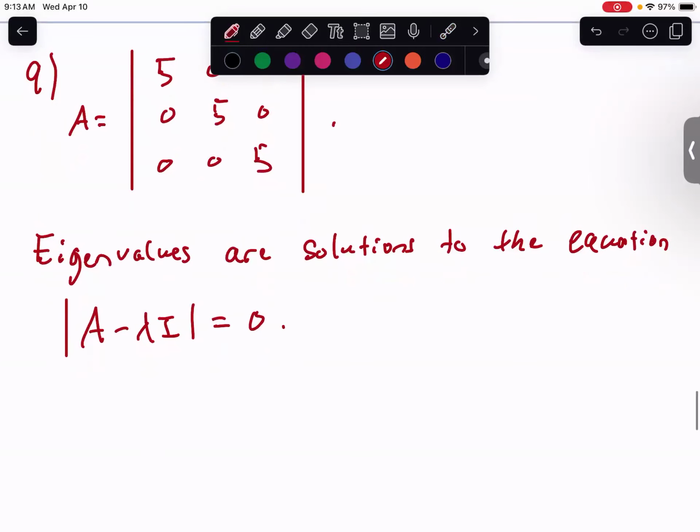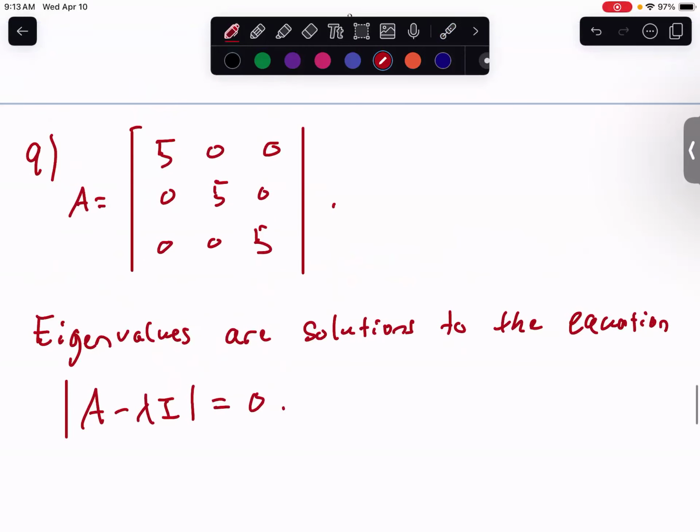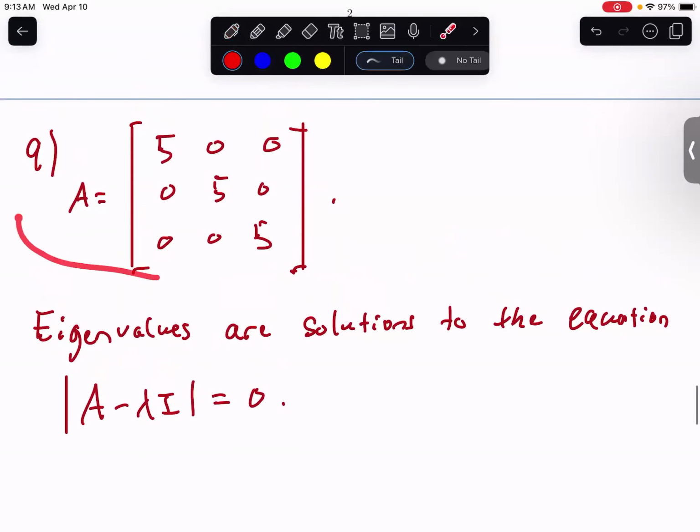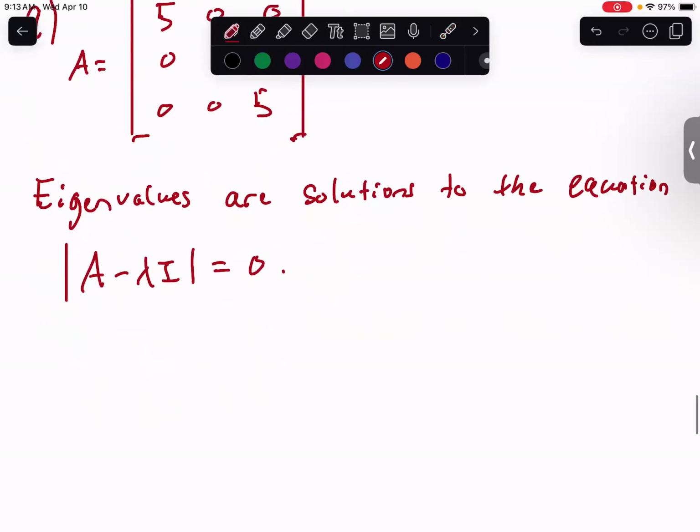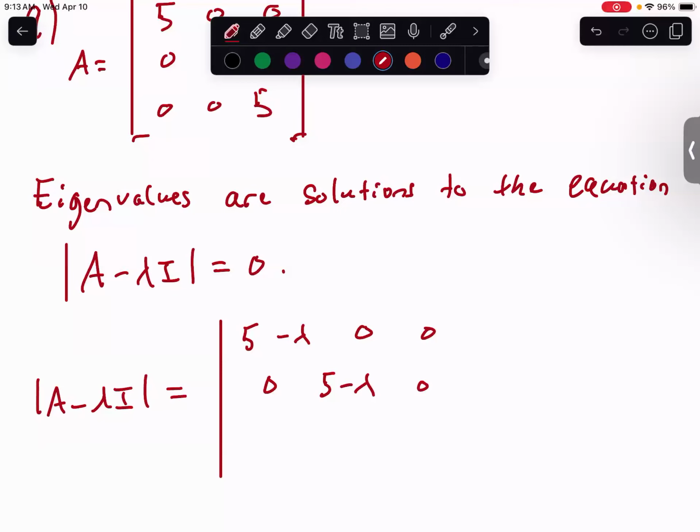So if we think about A minus lambda I, this is the determinant of 5 minus lambda, 0, 0, 0, 5 minus lambda, 0, 0, 0, 5 minus lambda.